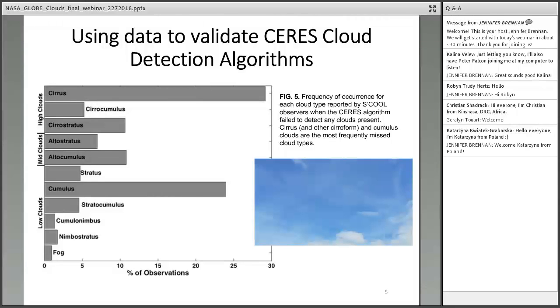There is a high percentage when they did not agree based on when there were cirrus clouds. Again, these thin, wispy clouds. Here's an example of this picture. And in those times, those ground observations are able to help us validate when the CERES instrument misses these clouds. So really helping out with the algorithm detection.